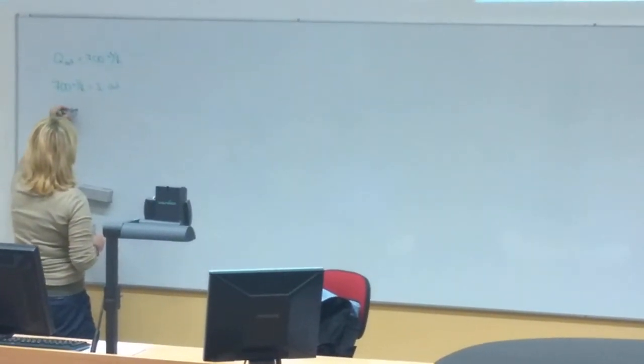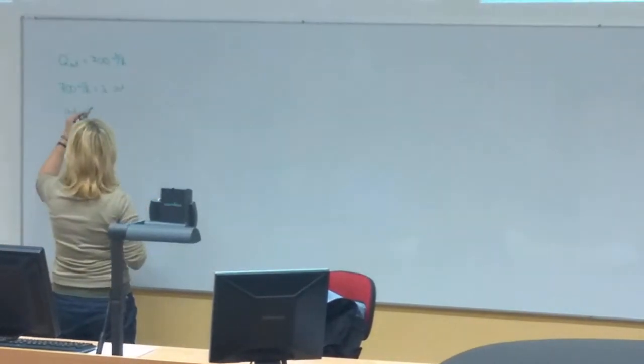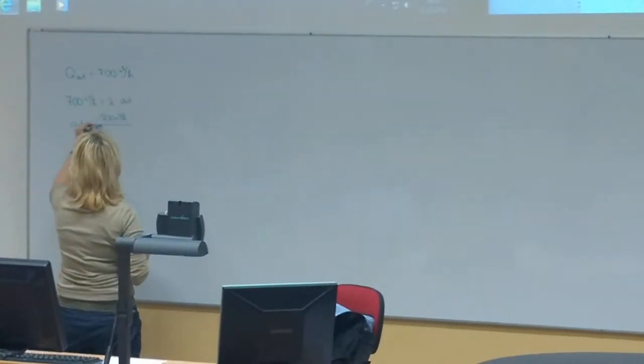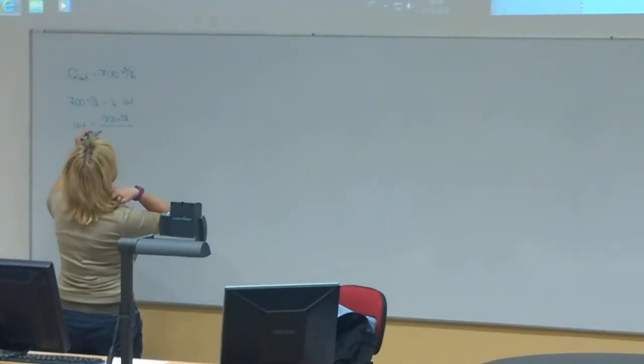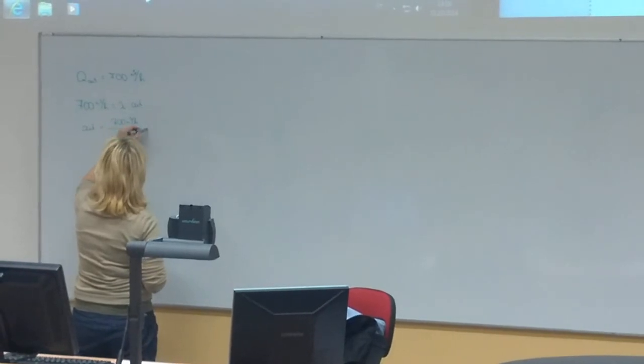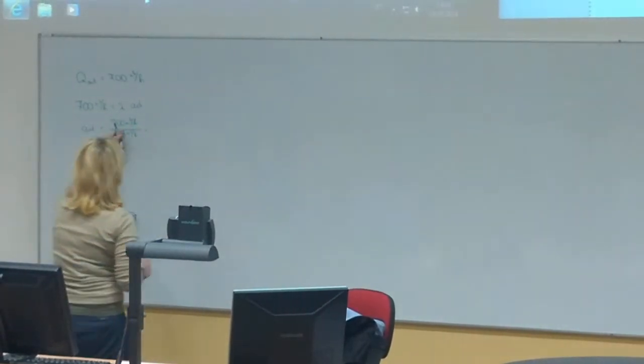So for that matter, the output of the controller will be 700 cubic meters per hour divided by our lambda, which is 10 cubic meters per hour. Okay, 10, not 100.